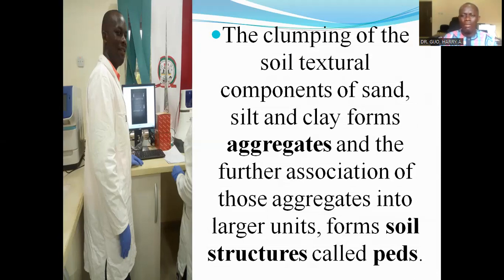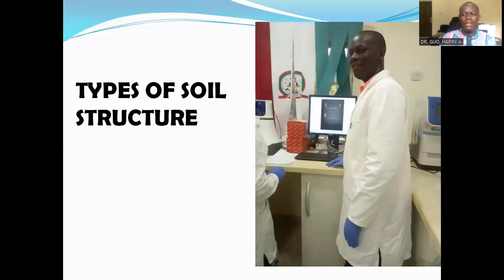So the clumping of the soil textural components of sand, silt, and clay forms aggregates, and the further association of those aggregates into larger units forms soil structures called the peds. These soil structures, called the peds, now form different soil structure types.